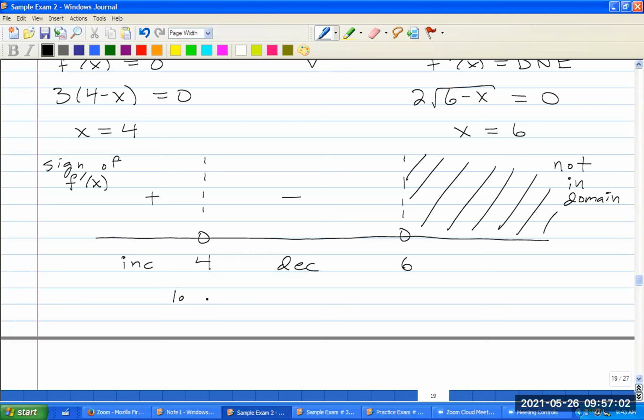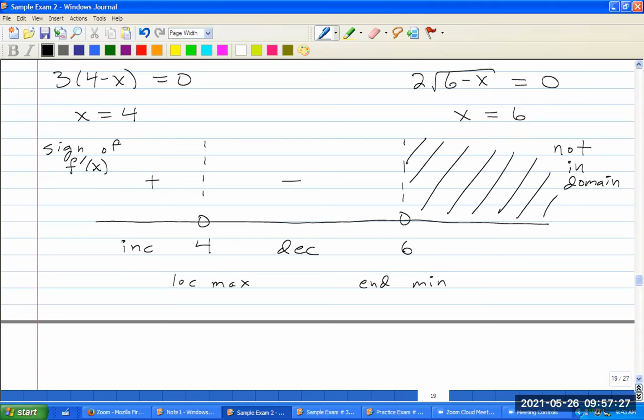Okay. And so this is a local maximum. And this is an endpoint extrema. Endpoint minimum. I'm just trying to write minimum there, endpoint minimum.